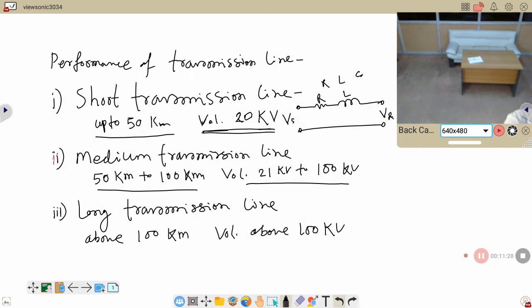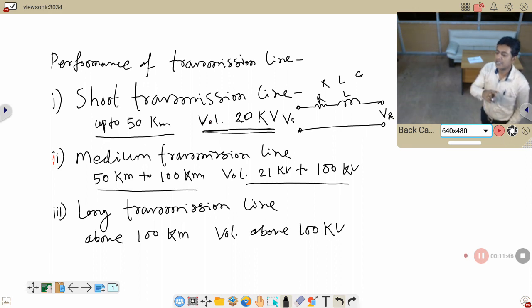In the case of a medium transmission line, as the voltage level is increased up to 100 kV, we consider that capacitance is formed in the transmission line.